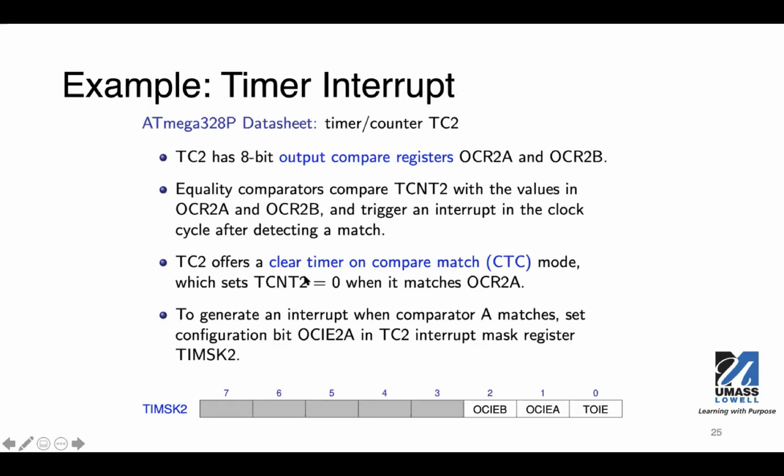Also, it offers a clear timer on compare match mode, so it will set the counter to 0 and start counting again. So this TCNT2 will do the counting, from 0, 1, 2, 3, up to the value that you set in this OCR2A or OCR2B.